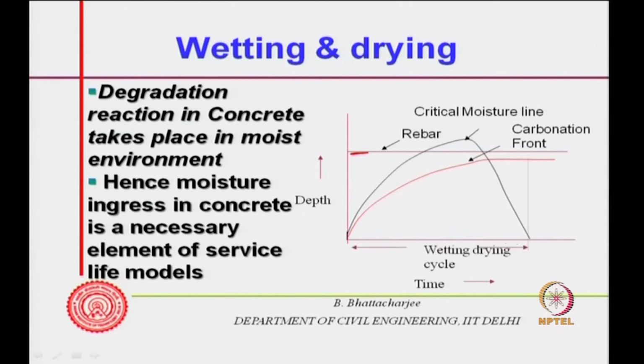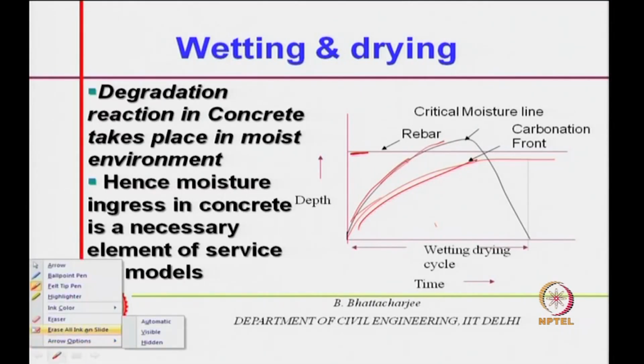In this case it is fully saturated in the beginning, then it dries out to a conducive moisture. Above this moisture content there will be no carbonation, the critical moisture level. So if it dries out, this zone becomes critical and carbonation proceeds here.